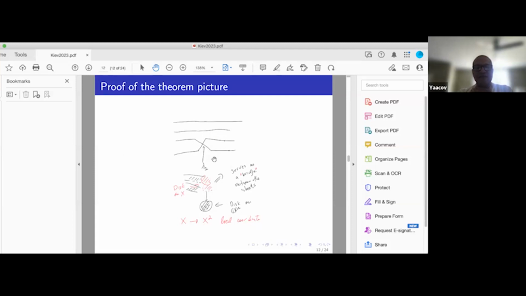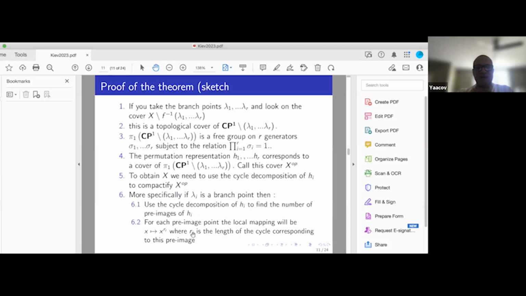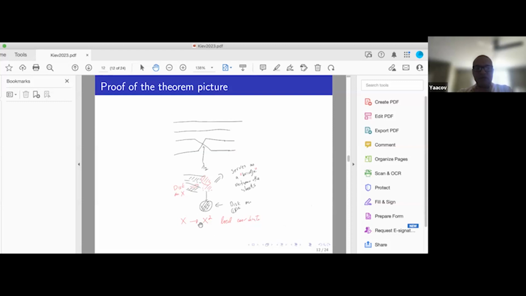So this is exactly the classical Riemann surface theory that you see all the time. All I did here is tie it explicitly to this permutation representation. And you can see that your local coordinate here will be basically x, and well, the notation is abusive, but here you have a disk and it maps 2 to 1. So these two disks will map 2 to 1 to the disk on the sphere.